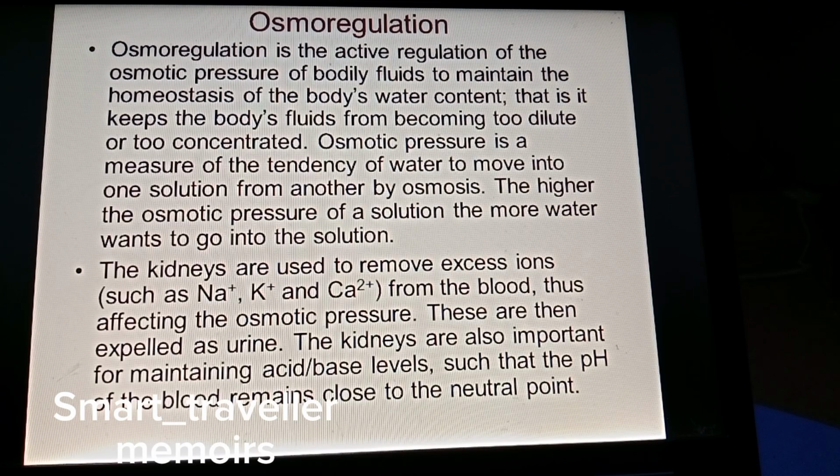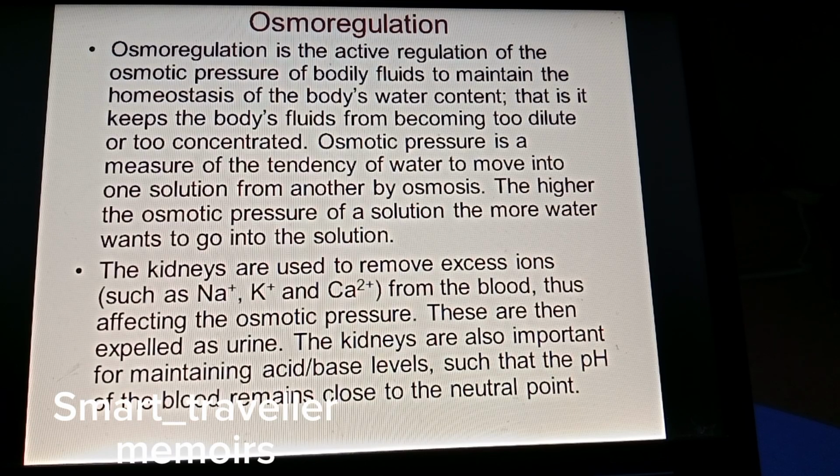Osmoregulation is the active regulation of osmotic pressure of body fluids to maintain the homeostasis of the body's water content. That is, it keeps the body fluids from becoming too dilute or too concentrated. Osmotic pressure is a measure of the tendency of water to move into one solution from another by osmosis.